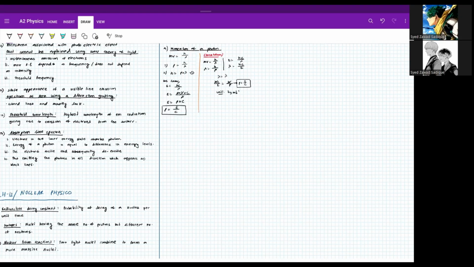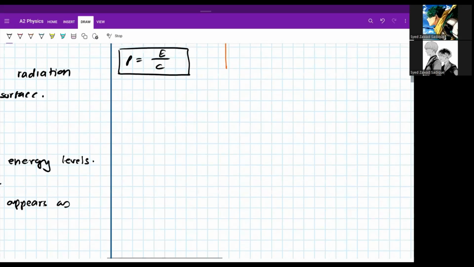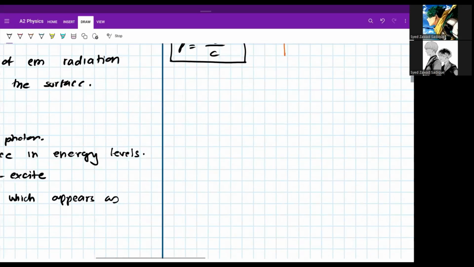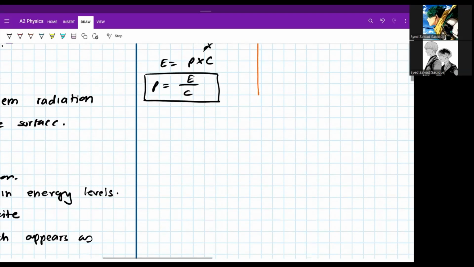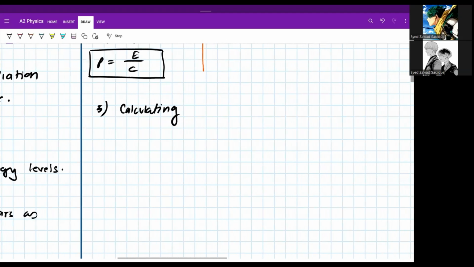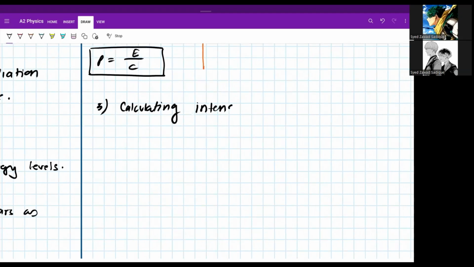Next is calculation of intensity. This is a formula that I did see once in 15 years.